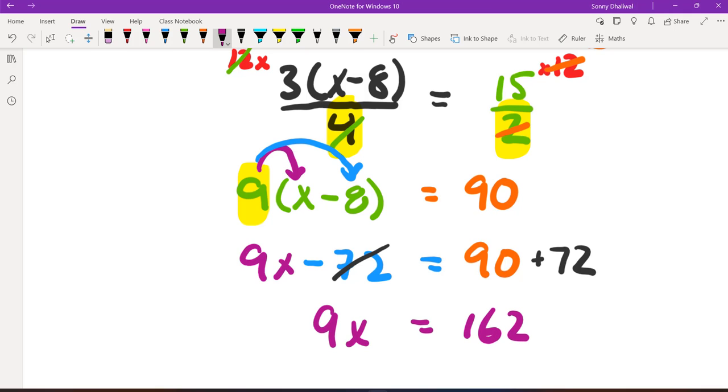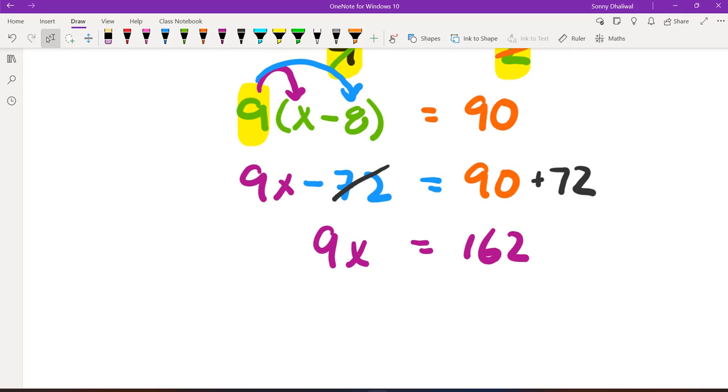Then we need to get rid of that 9. How do we get rid of that 9? Divide by 9. X is equal to 162 divided by 9, which should be a nice whole number, I think. 18. Thank you.